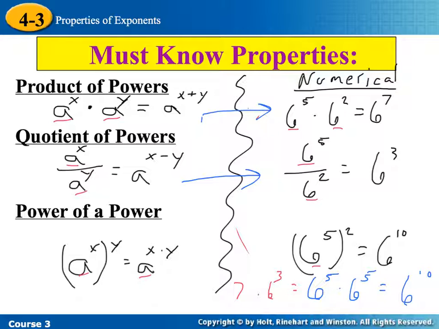Instead of writing out each individual base and exponent a second time, you can just take these two exponents and multiply them. Be careful not to mix up the product of powers and the power of a power. But know these properties, because this will help you in this next assignment and on the test, and it will help you go rather quickly.